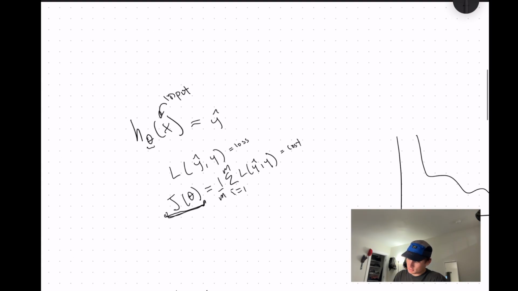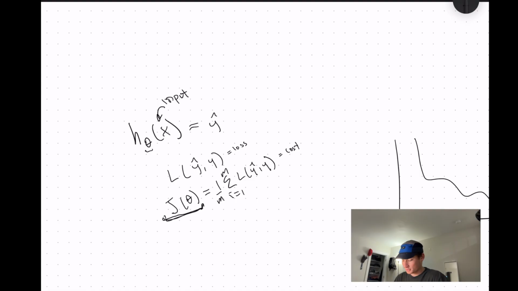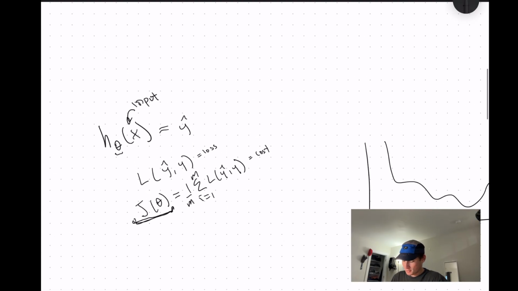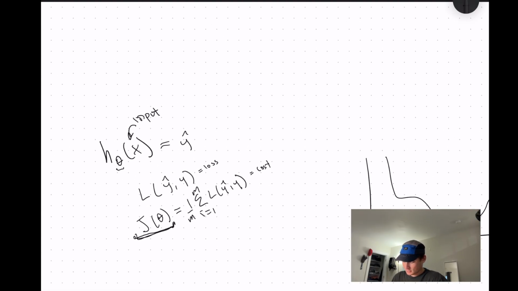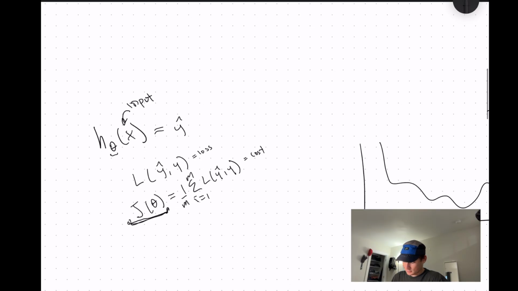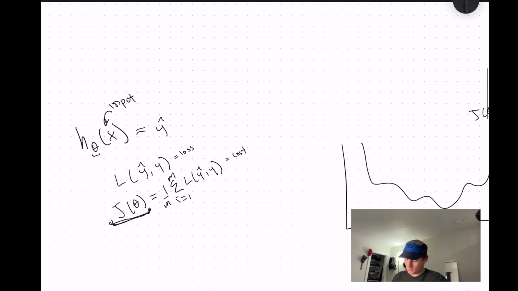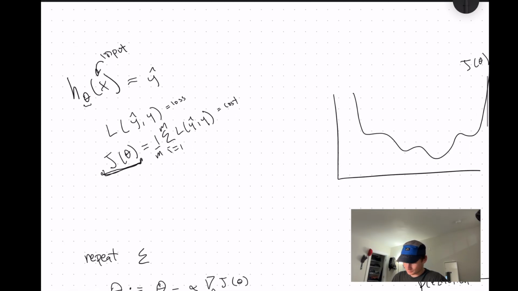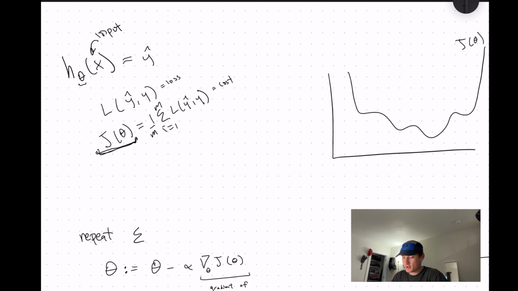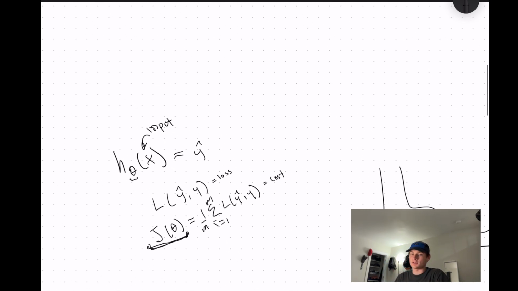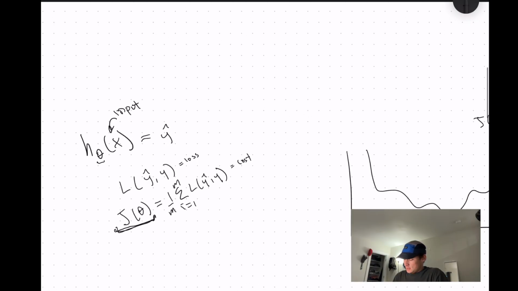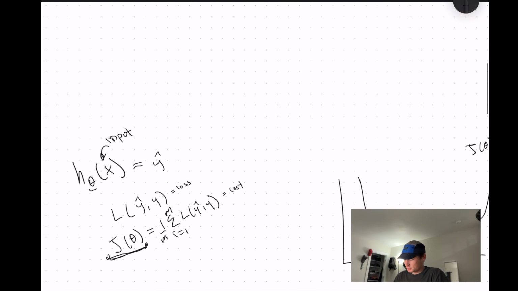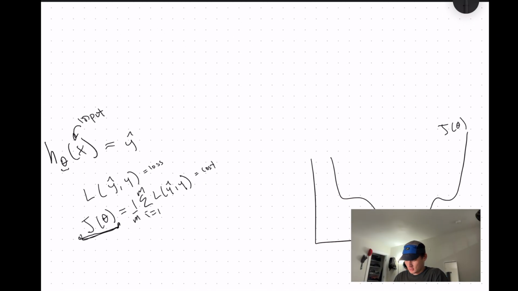The loss is saying how bad our prediction Y hat is, and we're going to find the lowest average loss over all of our Y hats. The reason you have many Y hats is because you're doing this over your whole data set. There's a better way to draw this, I think. Let's see.